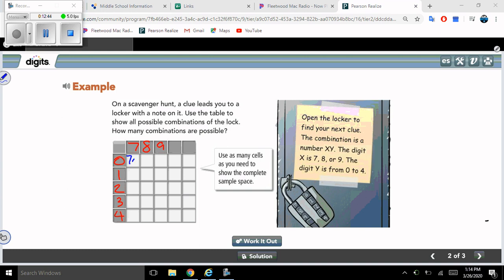So this would be 70, 78, 79, oops, that's not right. 70, 80, 90, 71, 72, 73, 74, 81, 82, 83, and 84, 91, 92, 93, and 94.